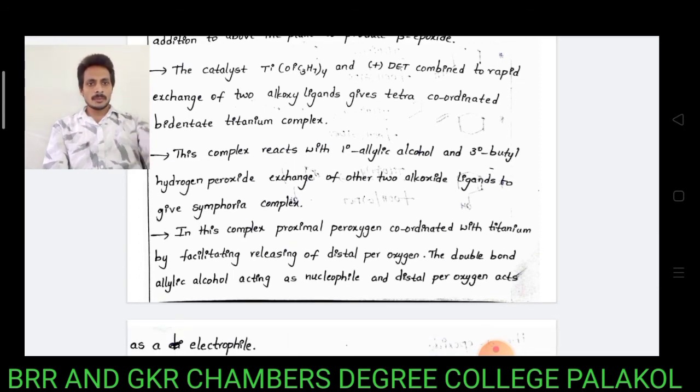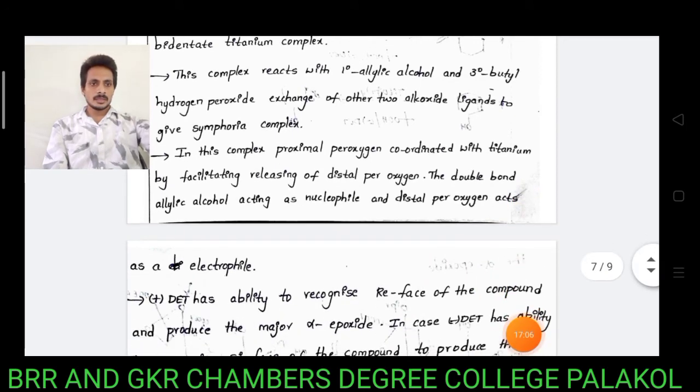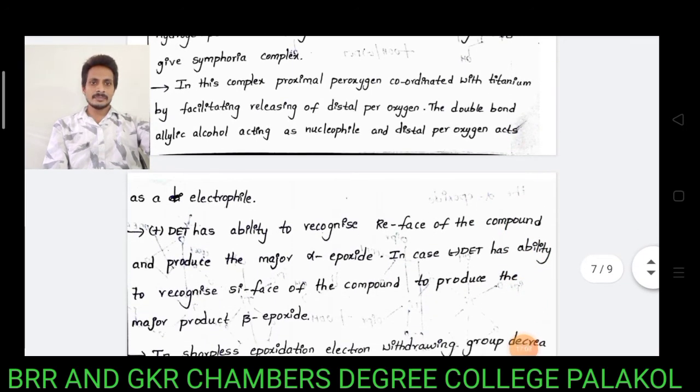In this complex, the proximal peroxy oxygen is coordinated with titanium, which facilitates release of the distal peroxy oxygen to the double bond. The double bond of the allylic alcohol acts as a nucleophile and the distal peroxy oxygen acts as an electrophile.